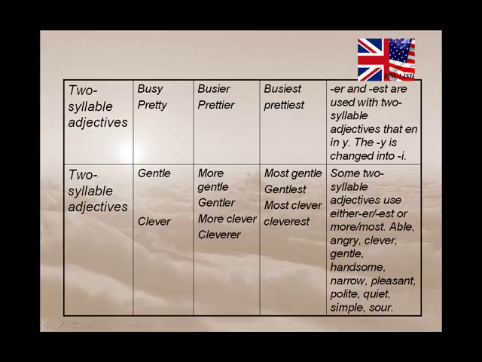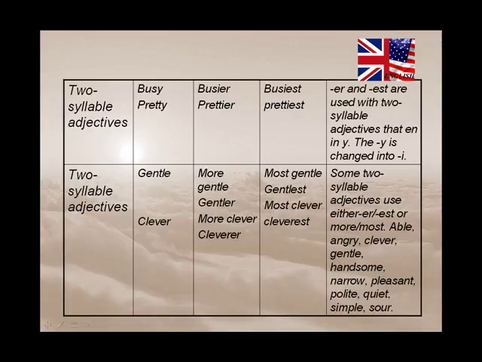And for instance, there are two-syllable adjectives that can use both of them, more or most, and -er and -est. Here, gentle, for instance: more gentle, most gentle, or gentler, gentlest. You can say clever, more clever, or cleverer, most clever, or cleverest.